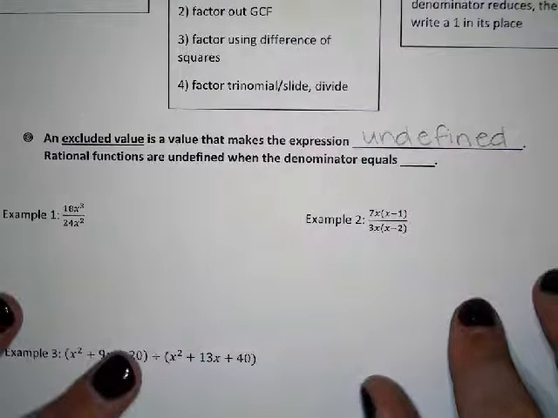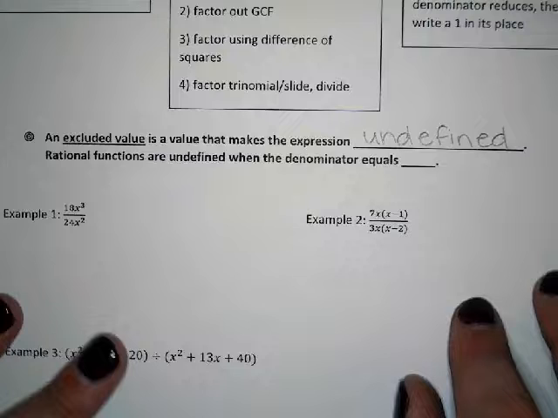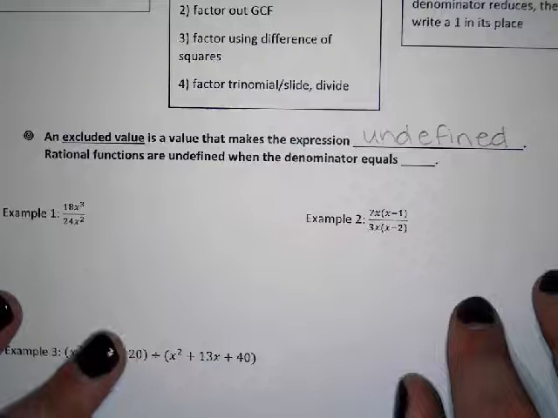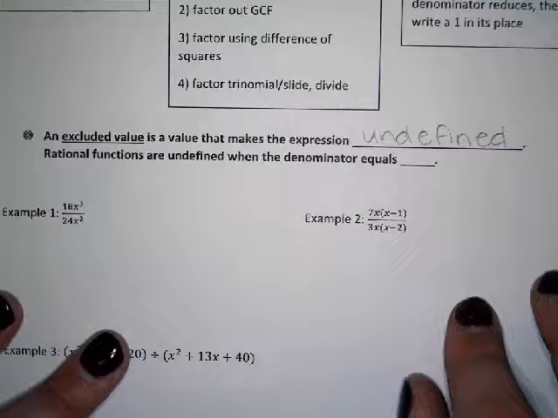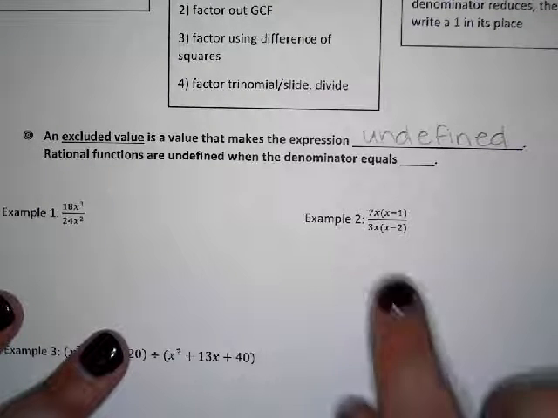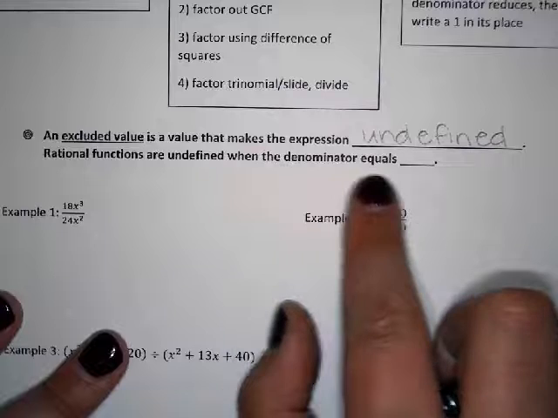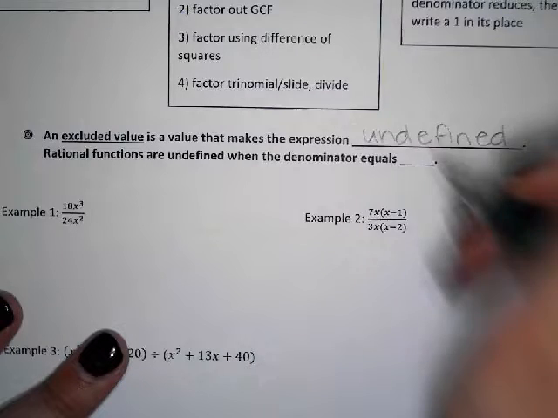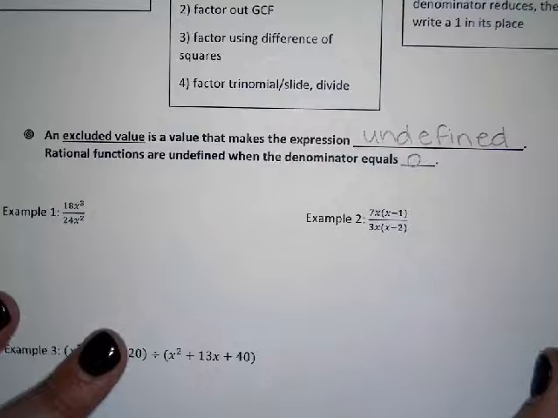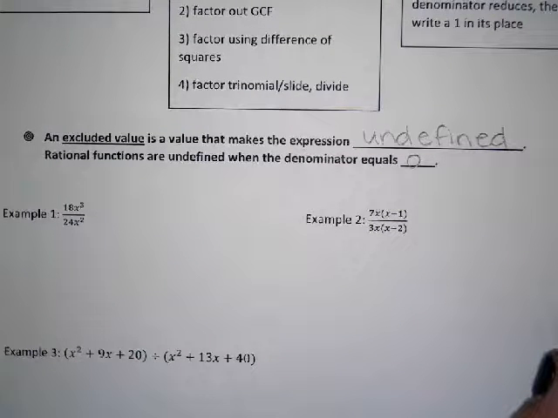Rational functions are undefined when the denominator equals 0, because you can't divide by 0.